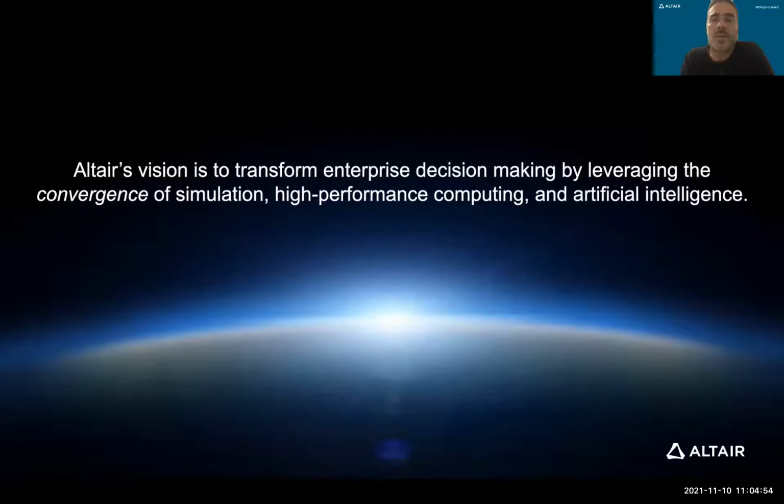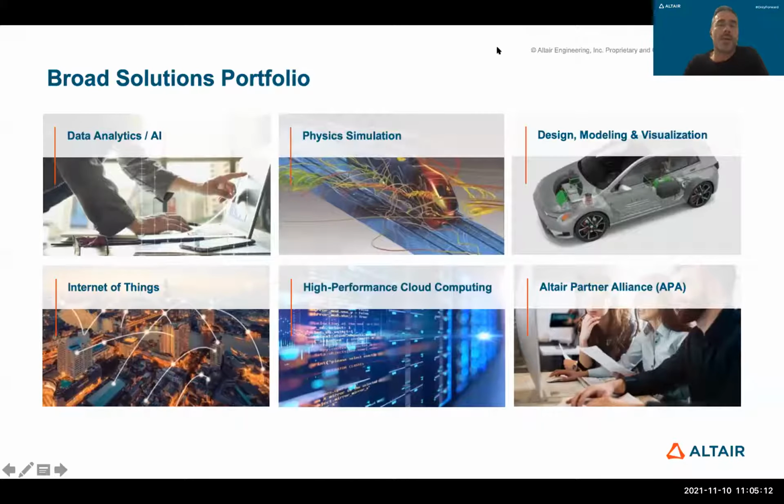Altair's vision is to transform enterprise decision-making by leveraging the convergence of simulation, high-performance computing, and artificial intelligence. In Altair, we have a broad portfolio of solutions in data analytics and AI, in physics simulation, in design modeling and visualization, in Internet of Things, in high-performance computing and cloud computing with the PBS Professional suite.